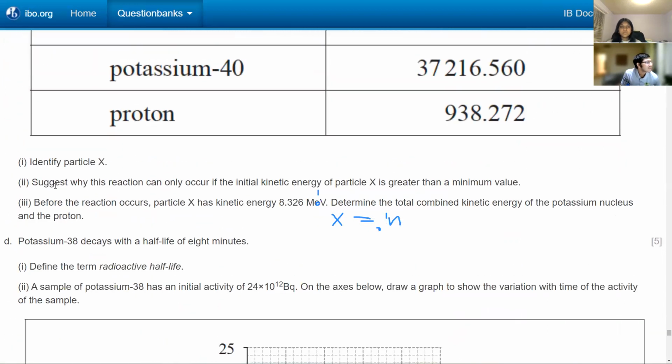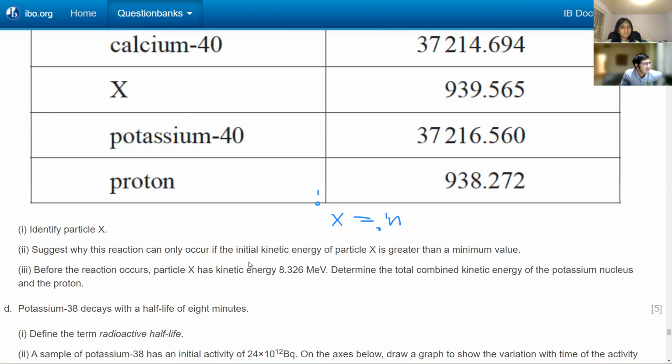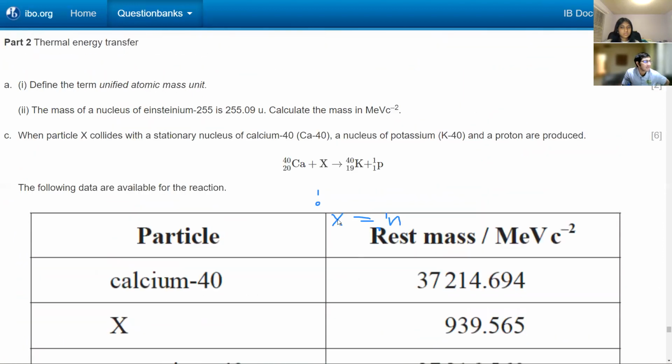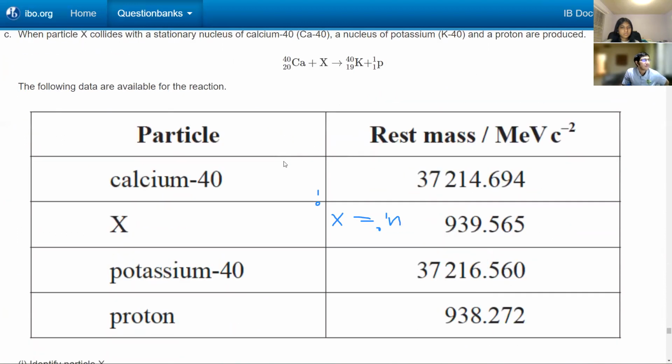Good. Suggest why this reaction can only occur if the initial kinetic energy of particle X is greater than a minimum value. It has to overcome the energy difference, right?